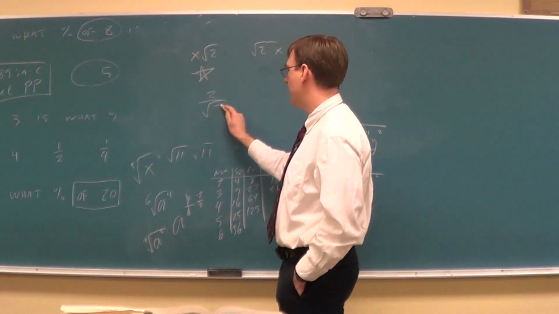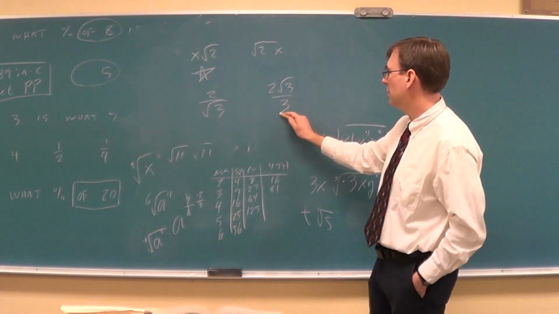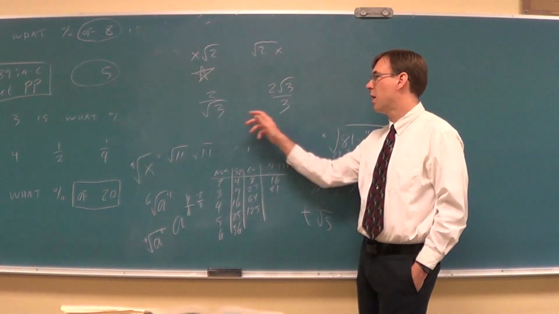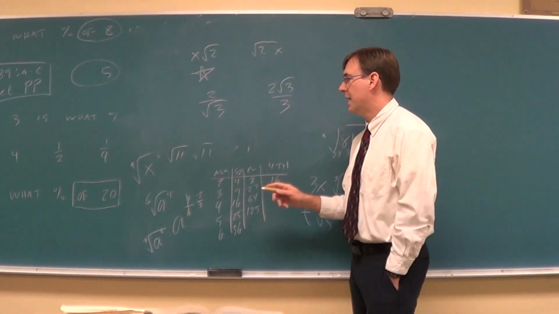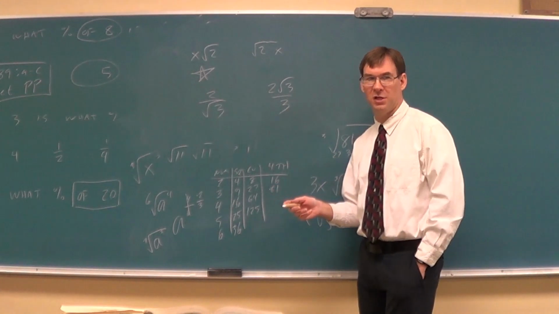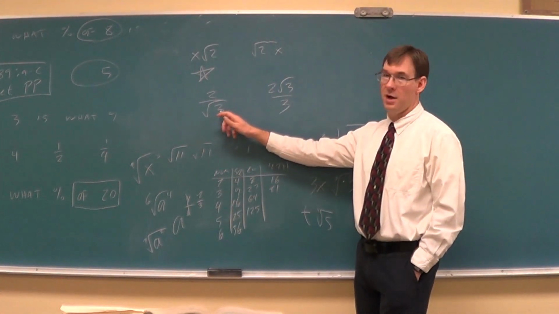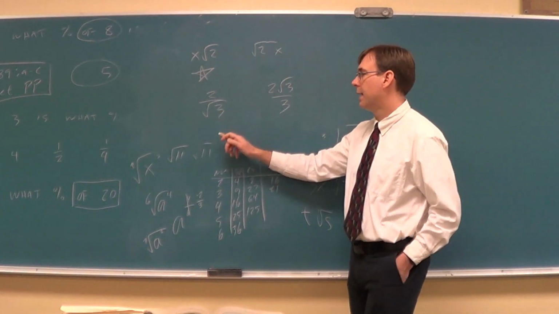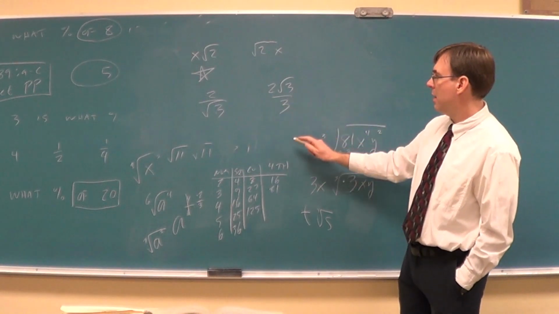I also told you I'd explain why this is bad and this is good, because this actually looks worse than this. It just does. You have to realize there was a day before calculators existed. So if you wanted to divide this, you'd grab your calculator and you would not be mad. But in the old days, they would be pretty mad about this. They would not be mad about this.